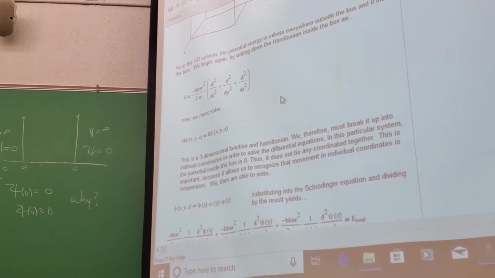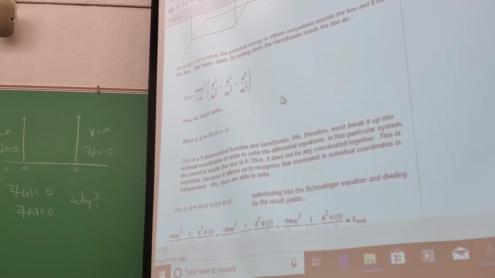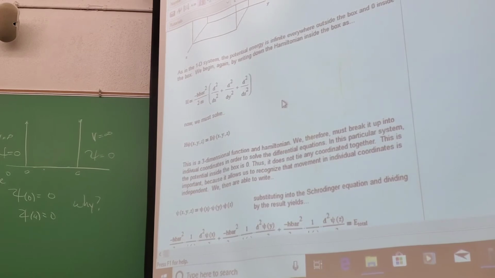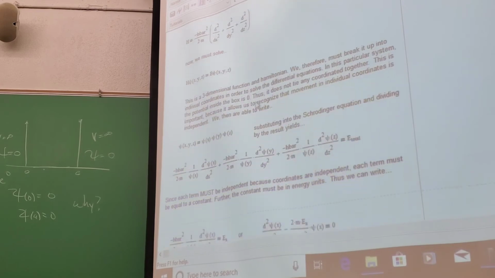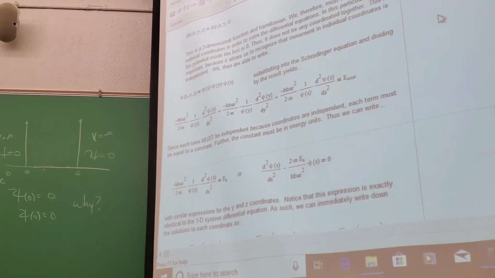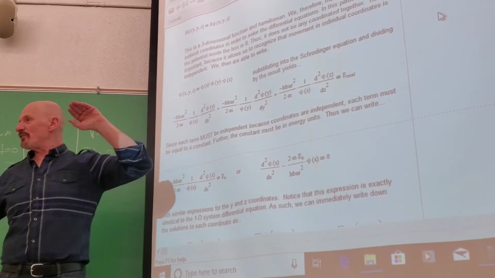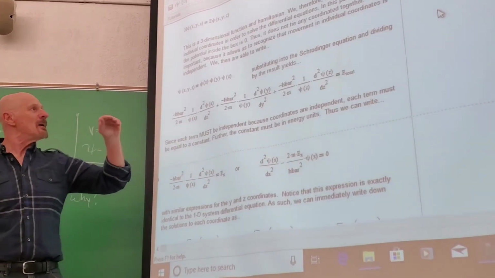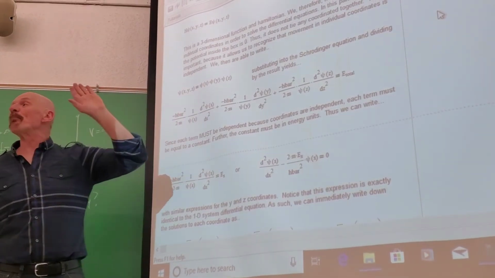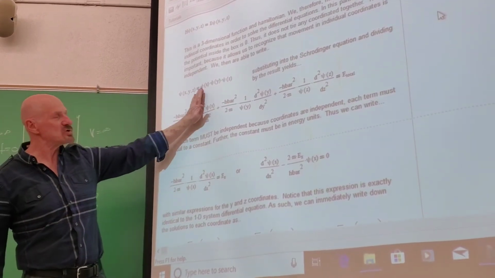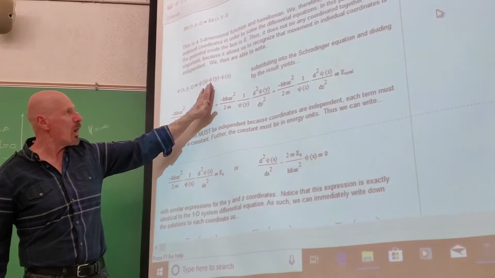I had you do a wave function in X and Y, separated into two different components using the separation of variables technique. Here it is done in 3 dimensions. So in 3 dimensions, I presume that the wave function, which is now a function of X, Y, and Z, can be expressed as a product. This is important, a product of the wave function only in X, only in Y, only in Z.